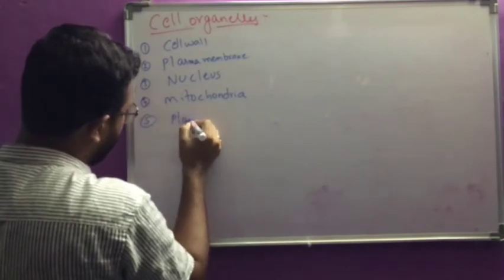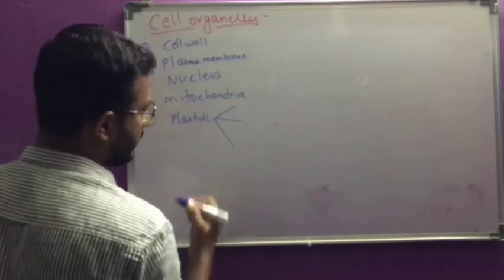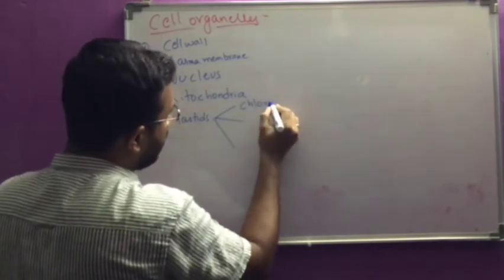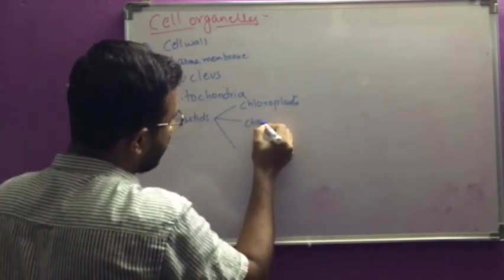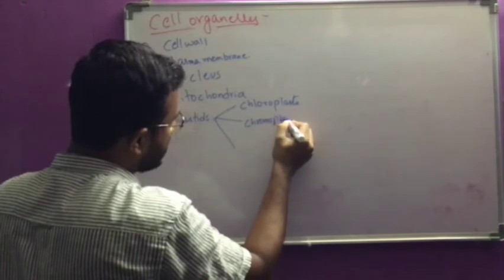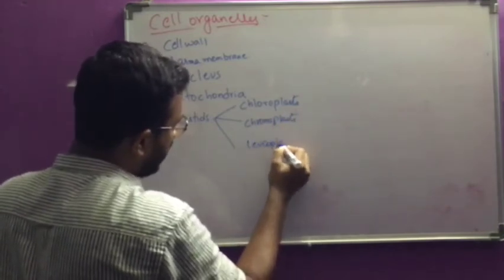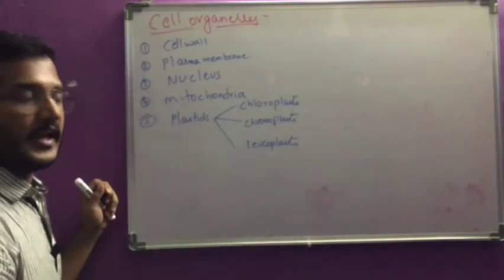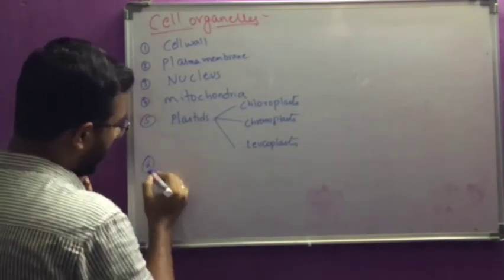Next is plastids. What are the three different types? Plastids: chloroplasts, chromoplasts, leucoplasts. What are the differences between these three and what are their specific functions? We will discuss.